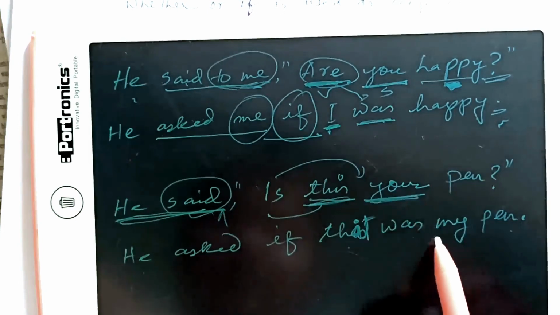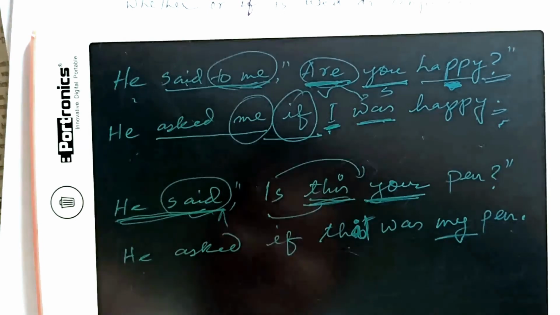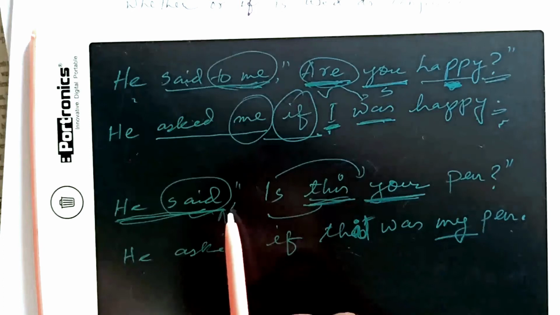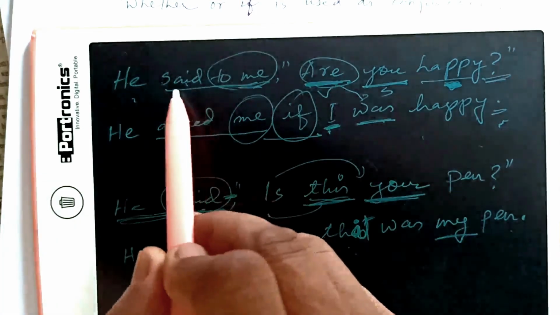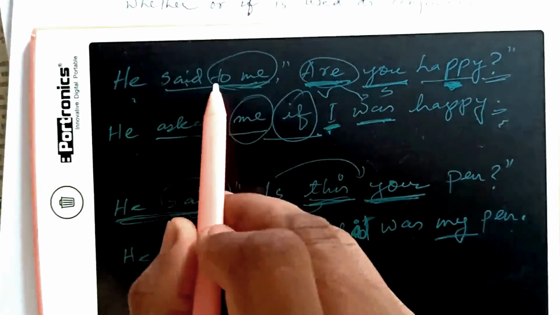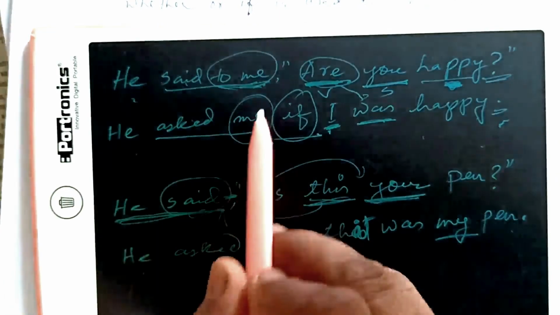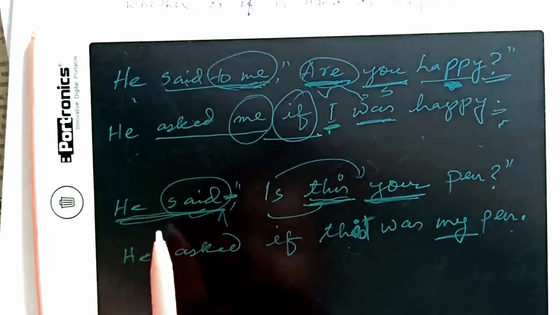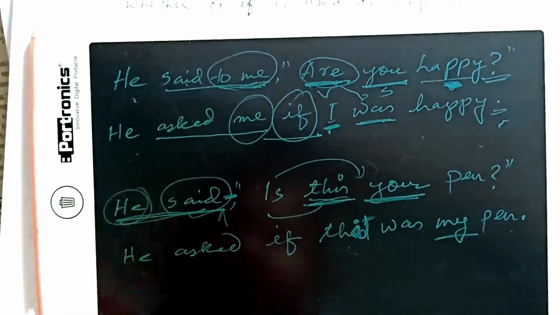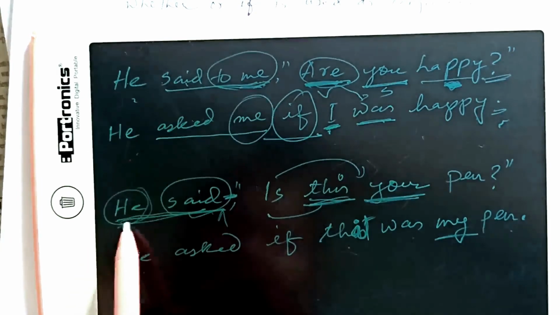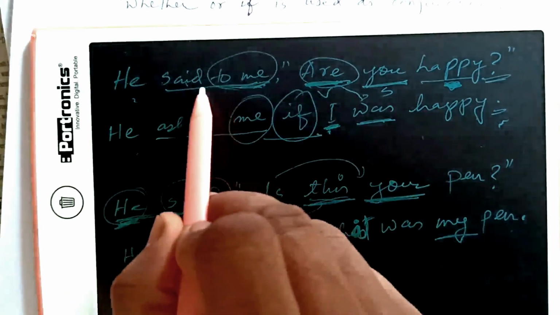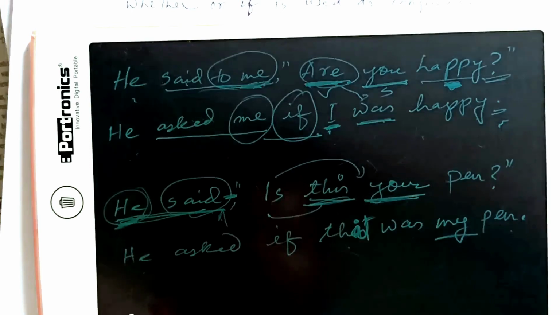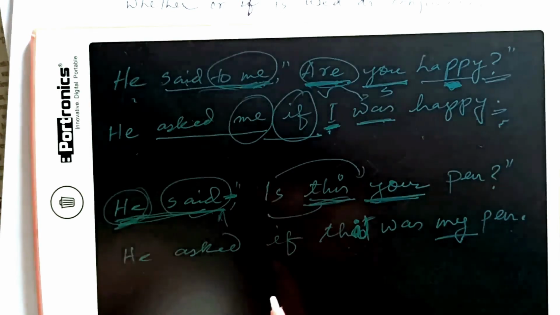So "your pen" will change to "my pen". That's what you need to know, because when nothing is put after "said", like "he said to me", we will assume it like this, "he said to me". Unless it is a different case, like a first person subject. So these are the examples for inverted questions.